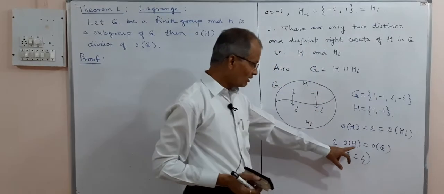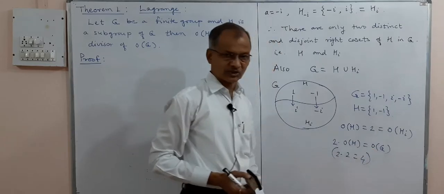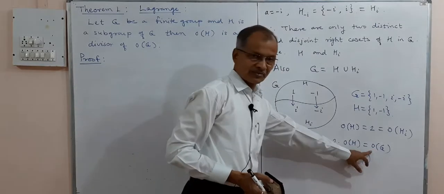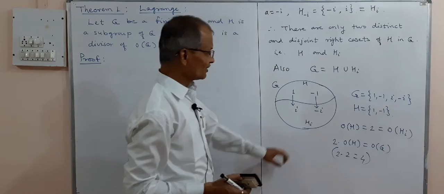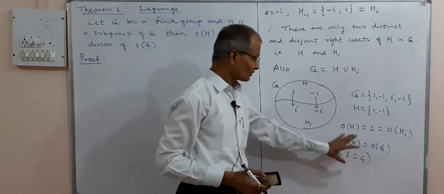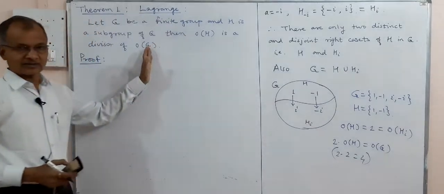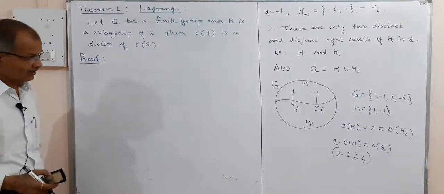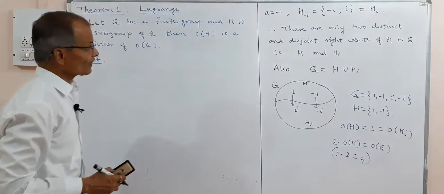That means order of H divides order of G. That is, 2 divides 4, by the divisibility relation. 2 is a divisor of 4. That is the meaning of Lagrange's theorem, and that we shall prove now.